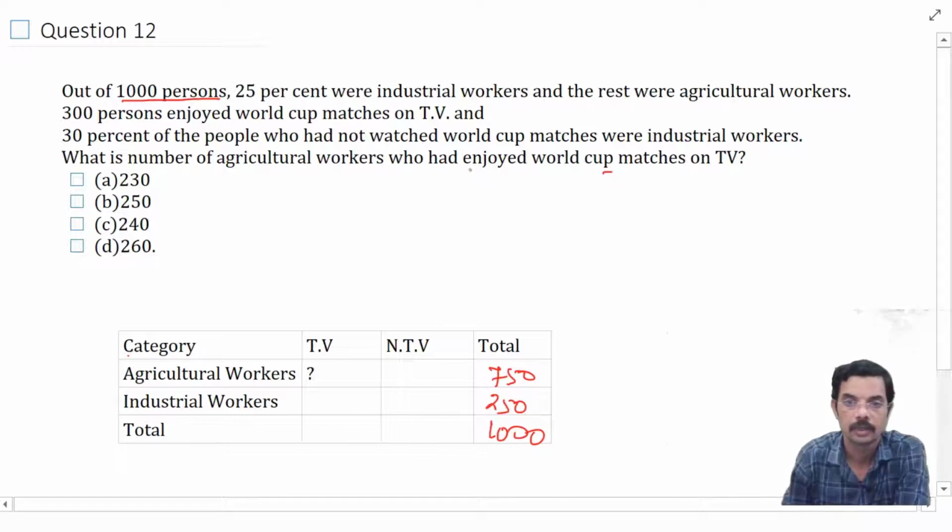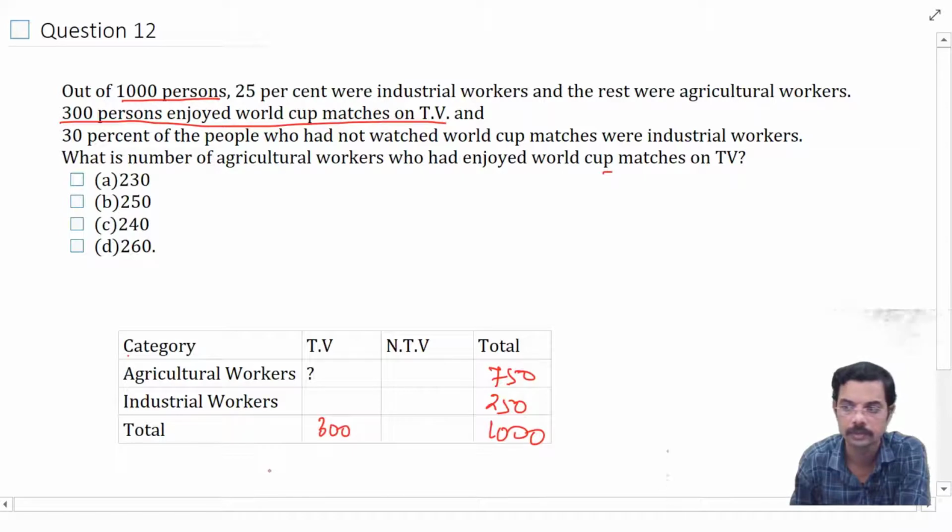Now the rest were agricultural workers, which means 75% were agricultural workers. Now 300 persons enjoyed World Cup matches on TV. So the total of the people who watched on TV is 300.